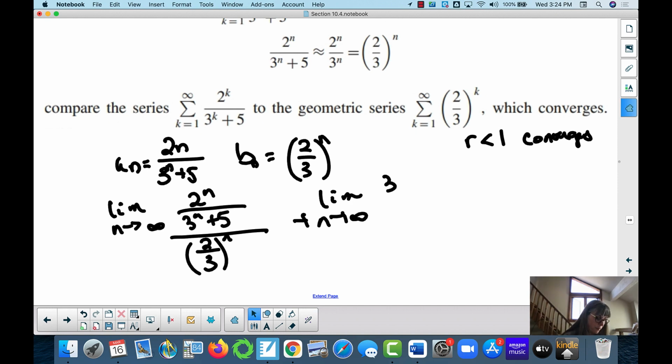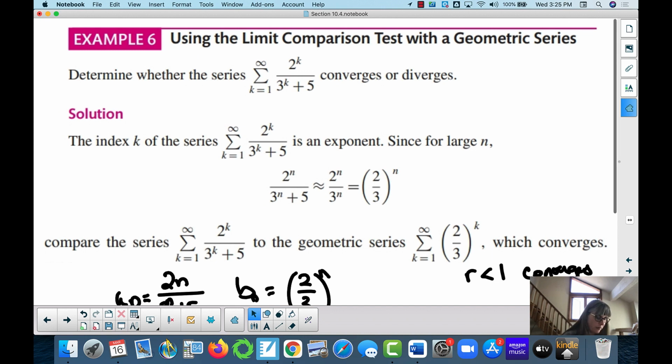And then we have 3 to the n over 3 to the n plus 5. So once again, we have that just plus 5 thing. That's going to equal 1. So if you remember that, again, that goes in our between 0 and infinity, a positive real number. And so since this one converged, this one is also going to converge.